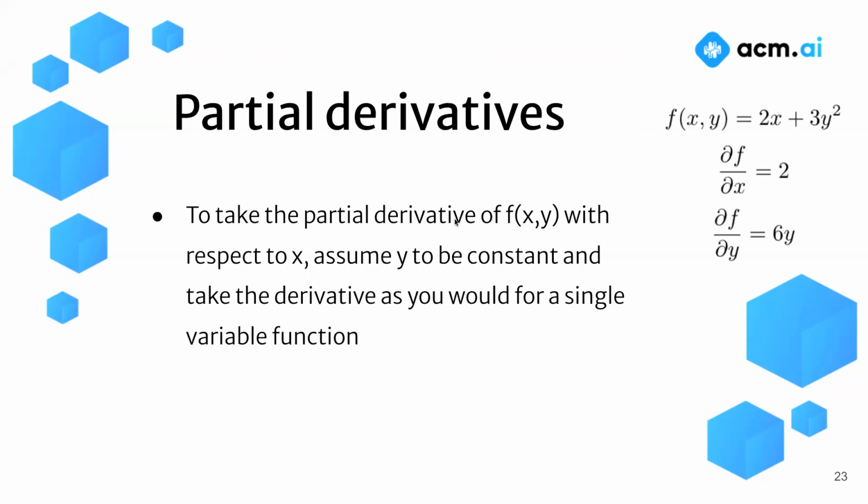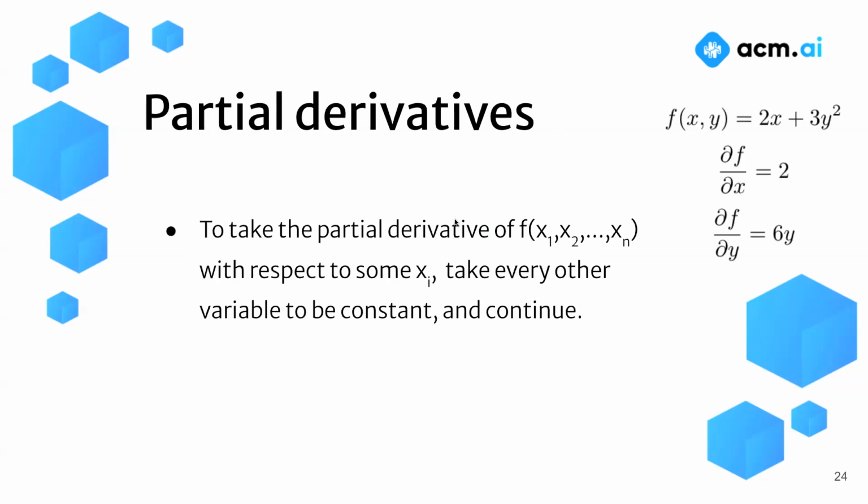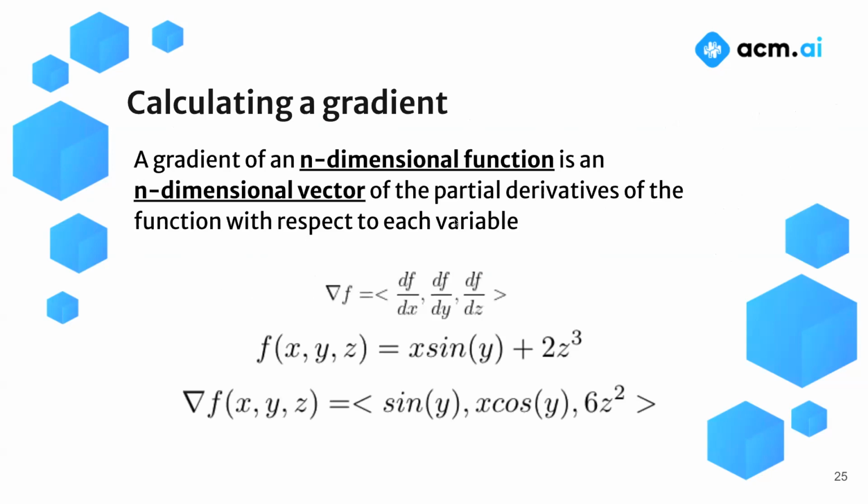With respect to y, we substitute all the x's with c's. So we get 2c plus 3y squared. 2c is a constant, and the derivative of a constant is 0. For 3y squared, the derivative is 6y. Do we have any questions on calculating partial derivatives? Is the speed okay? Okay, cool.